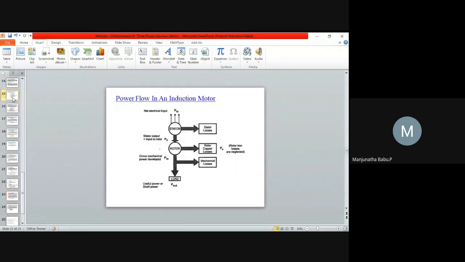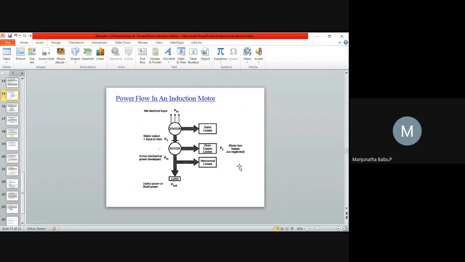The power flow diagram you have to remember, and the last formula: P2 is to PC is to PM, which is equal to 1 is to S is to 1 minus S. P output is equal to PM minus mechanical loss, so PM is equal to P output plus losses. 52.7 kilowatts is the mechanical power.